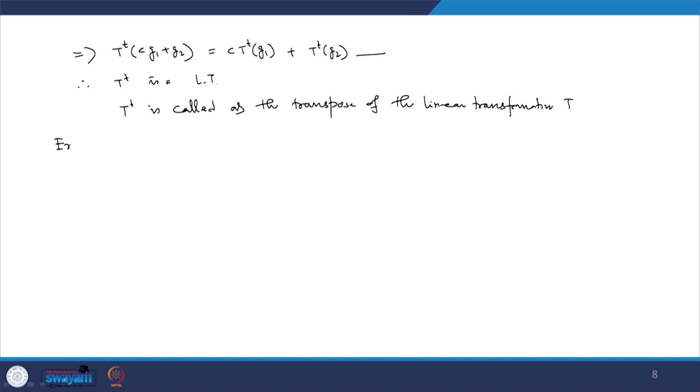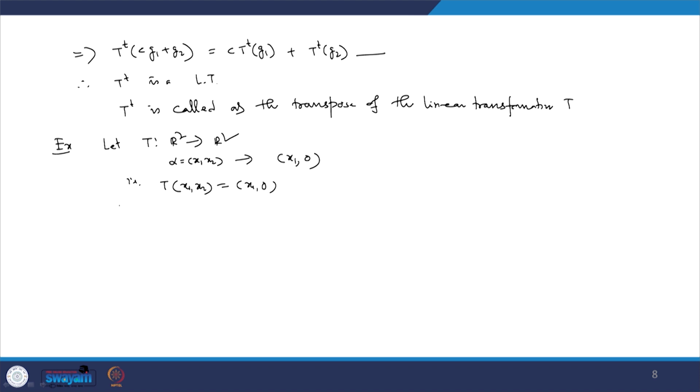One can take an example. Say let T be a map from R2 to R2 defined by alpha equal to x1 comma x2 goes to x1 comma 0, that is T of x1 and x2 equals x1, 0.